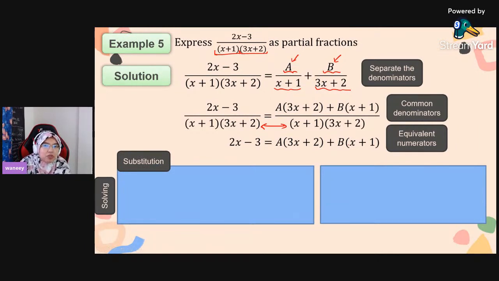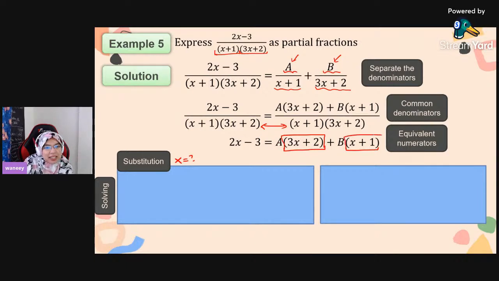In the substitution method, we are going to substitute a value of x so that these factors are 0. So I'm going to substitute some value of x that will give me 0 for the factor.